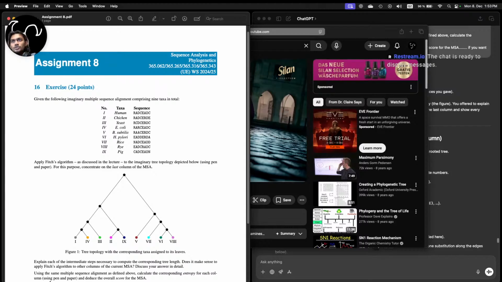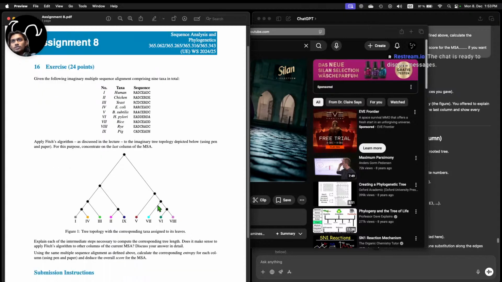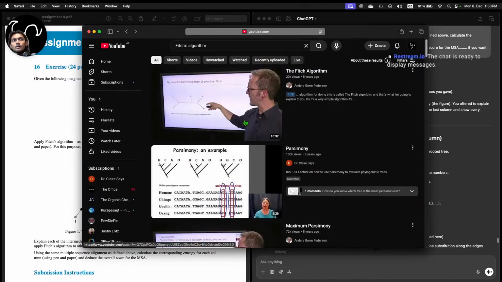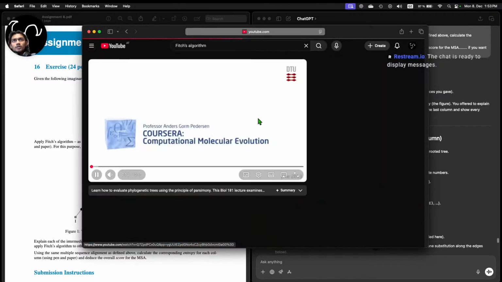Does it make sense to apply Fitch's algorithm to other columns of the current MSA? Discuss your answer in detail using the same multiple sequence alignment as defined above. Calculate the corresponding entropy for each column. Entropy? What? What entropy? What the?